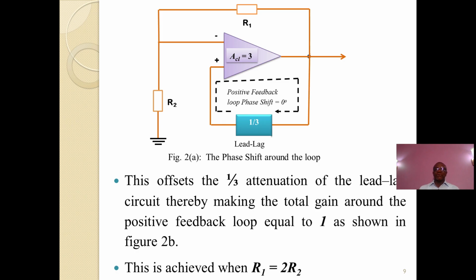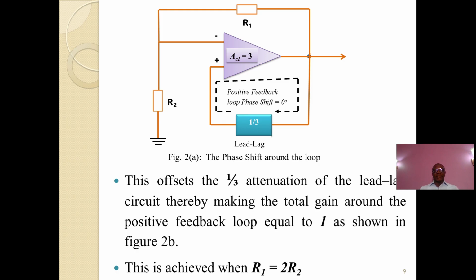When it is equal to 3, the losses in the lead lag circuit are compensated by the amplification of the amplifier by 3.